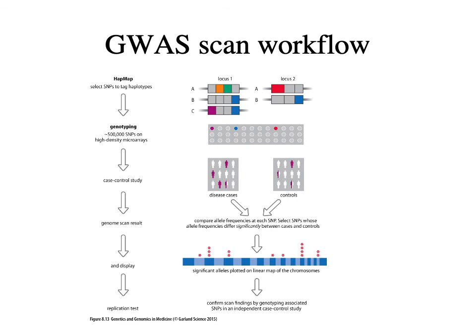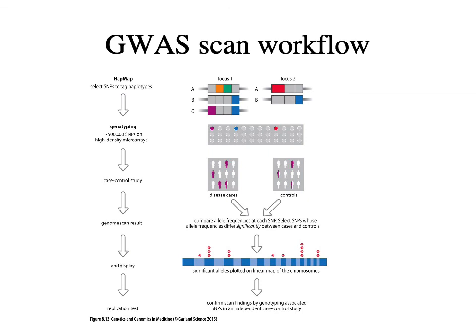In this example, 3 common haplotypes, A, B, and C, at locus 1 are tagged by 4 SNPs with strong color if present or gray if absent. But just 2 SNPs, purple and blue, are sufficient to discriminate between the 3 haplotypes. Similarly, the 2 haplotypes at locus 2 can be distinguished by either the red, chosen here, or the blue SNP.